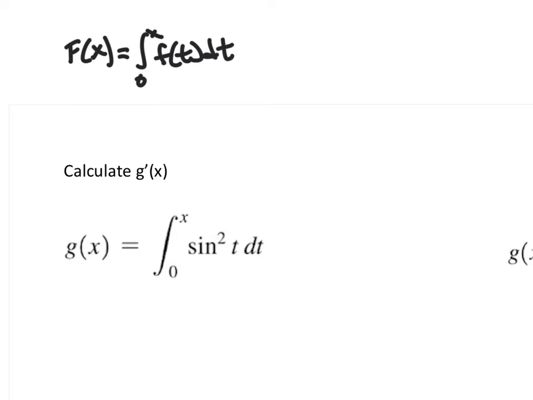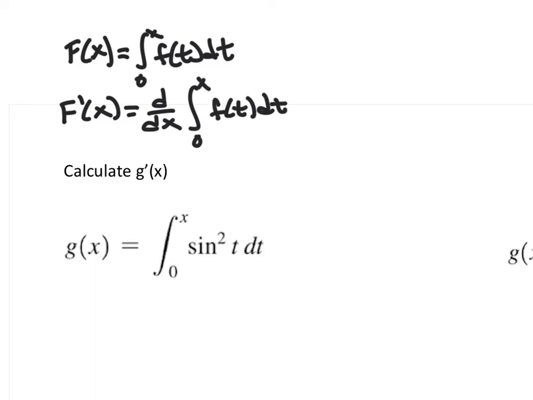Basically what that means is that if I wanted to find big F prime of x, if I wanted to take the derivative of my integral function, then I would do d/dx of the integral from 0 to x of f of t dt, and that would simply give me little f of x. So that gives me my integrand in terms of my upper bound.